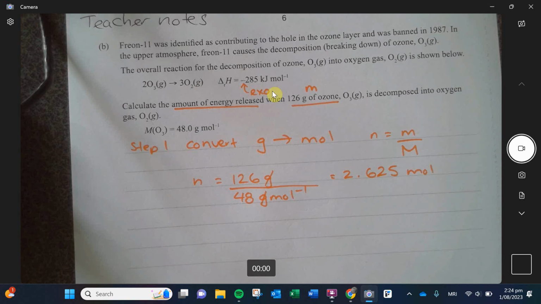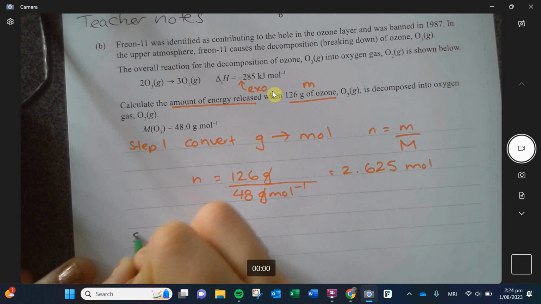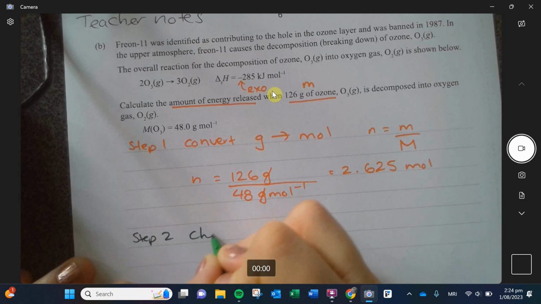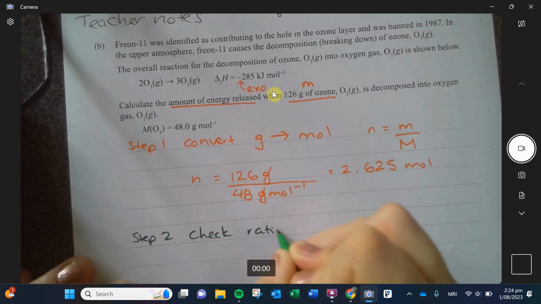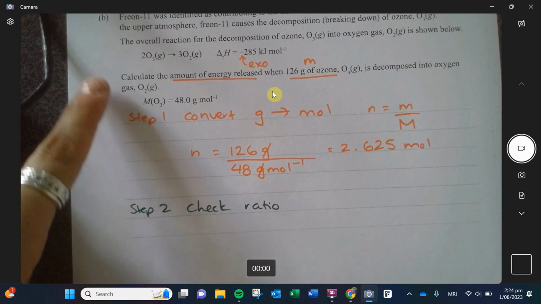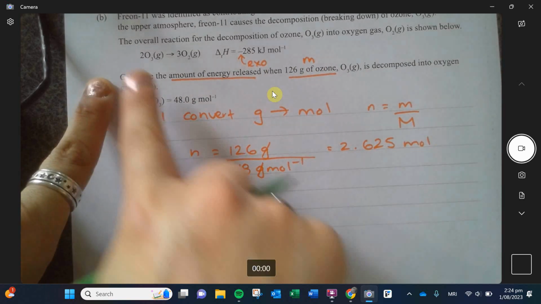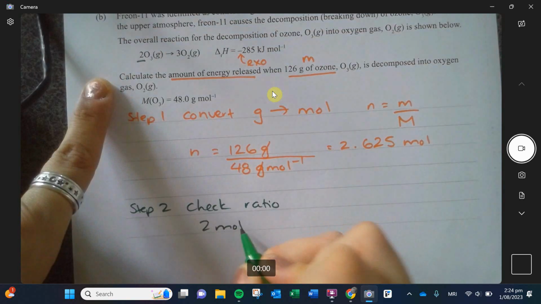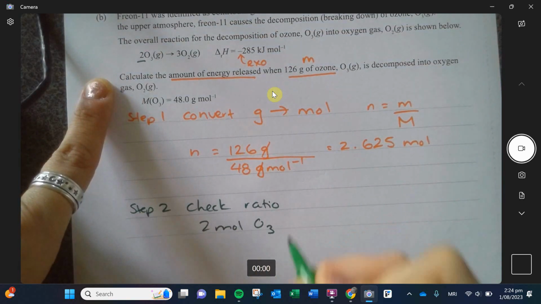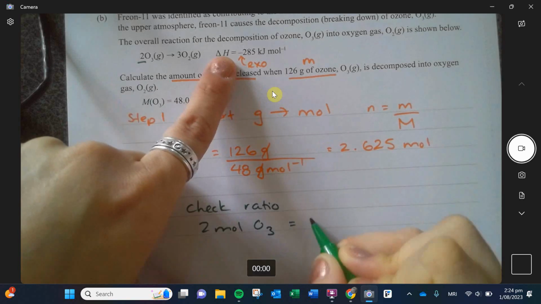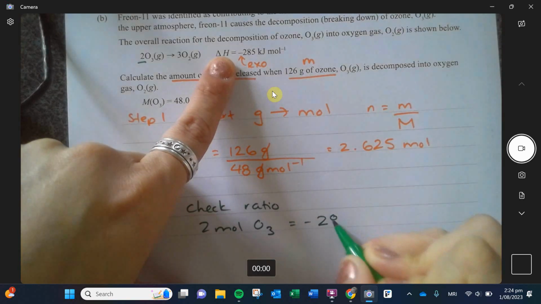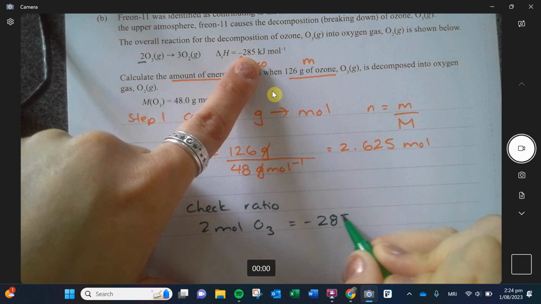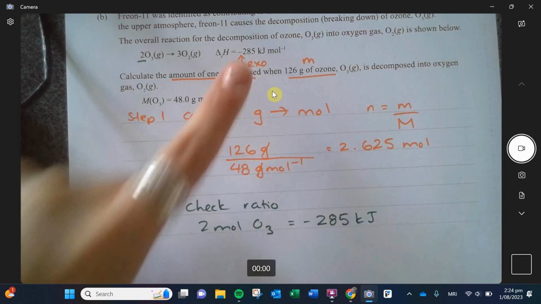Happy? All right. Second step is I need to check my ratio. So when I look at this equation here, and I'm looking at the decomposition for the ozone, I notice for every 2 moles of O3 that decomposes, it is going to release 285 kilojoules.